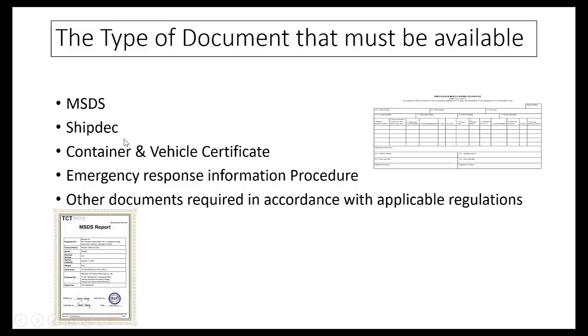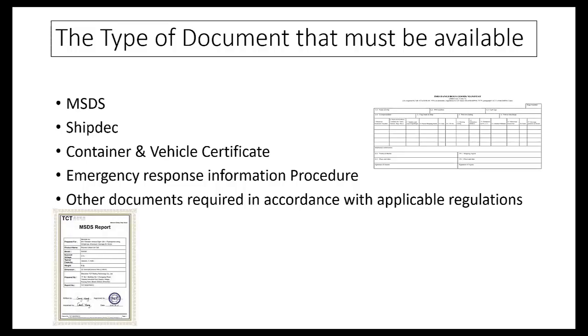We will use a multimodal CPR declaration. CPR declaration is where the shipper declares the dangerous good detail. Yeah. And container and vehicle certificate, the certification that the container and vehicle have been prepared accordingly based on the requirement.